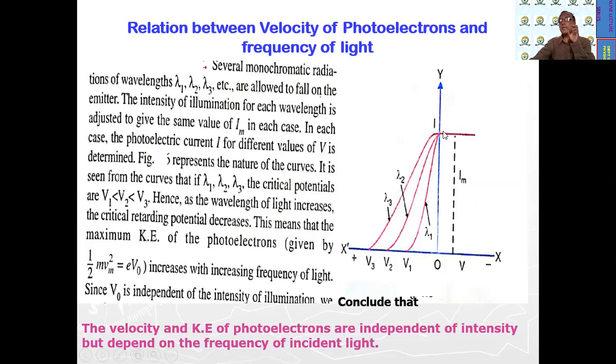That is, the maximum current Im is the same every time. You can see from this figure that in each case the photoelectric current I for different values of V is shown, and from the nature of the curves, for lambda1, lambda2, lambda3, the critical potential V1 is less than V2, which is less than V3.